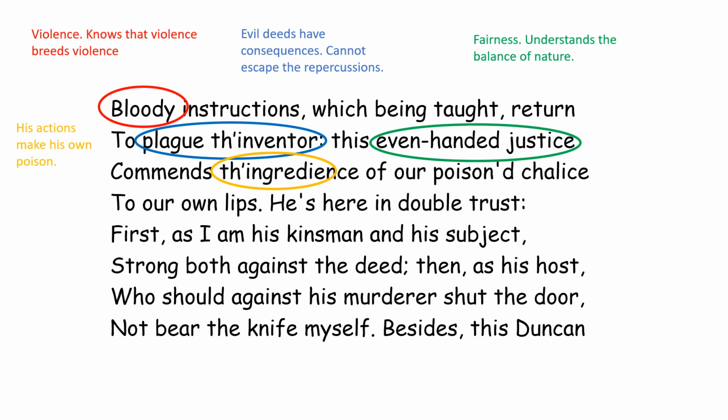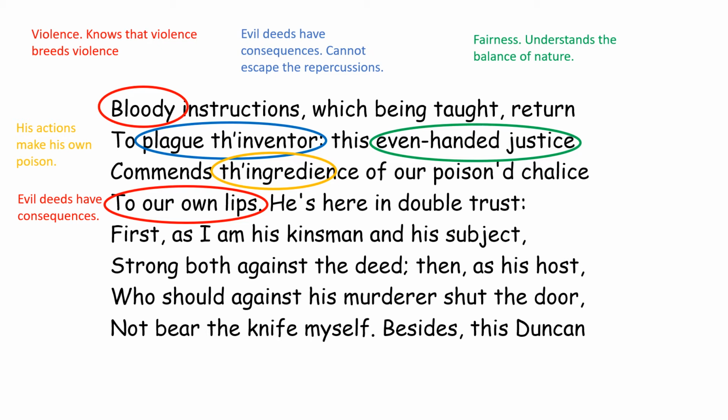A chalice is like a goblet, like a wine glass, if you will. And he realises that his bad actions are like they're being poured into a glass. All of his evil deeds will be poured into a glass to create a poisonous liquid. And at some point, he is going to be forced to drink from that.